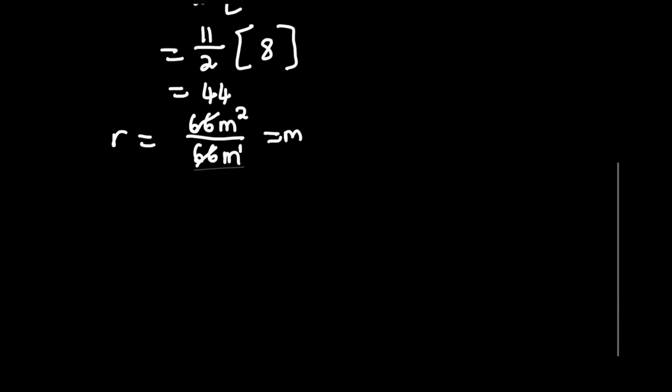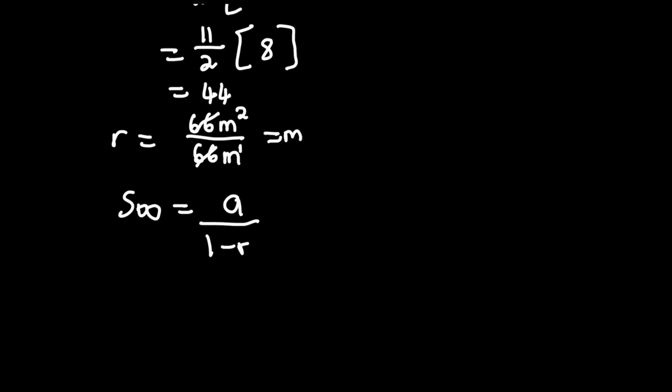Going forward, because we have our r and we have our sum, the sum that we found at the top is going to be equal to the sum to infinity. Sum to infinity, I'm going to use our formula, which is on the formula sheet: a over 1 minus r.